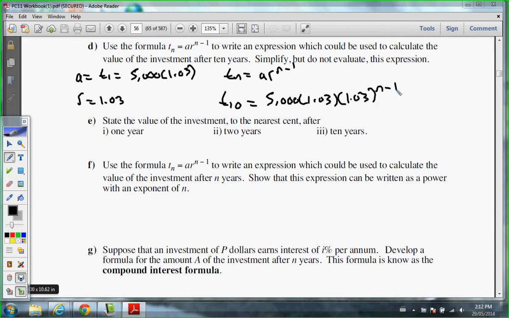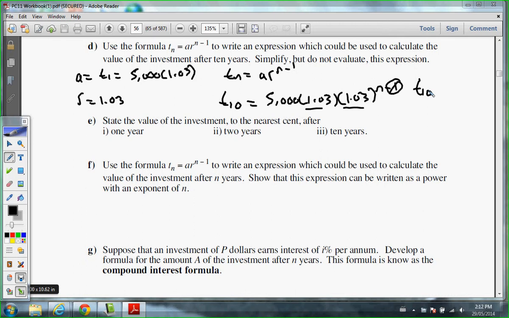Now understand that since these are multiplying, essentially that makes this minus 1 go away. So for the compound interest, this is because 5,000 isn't our first term really. 5,000 is our starting amount. It's like T sub 0.